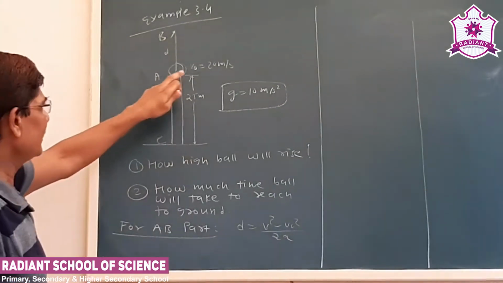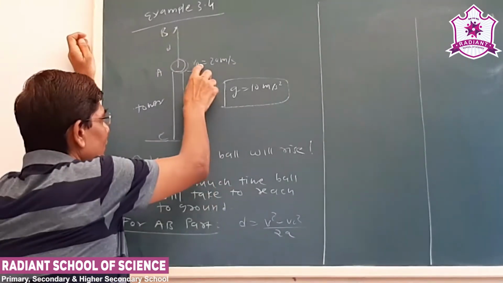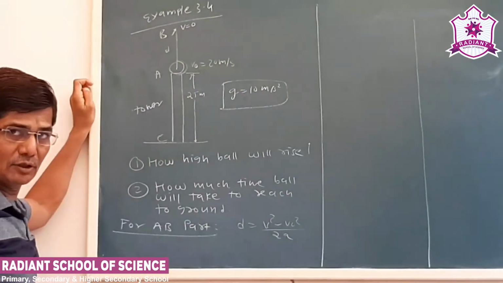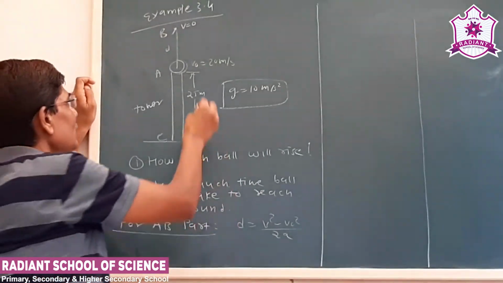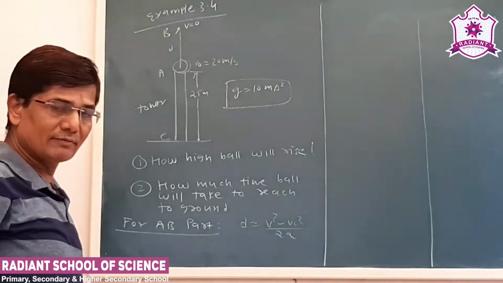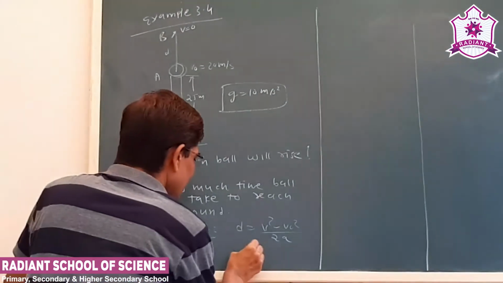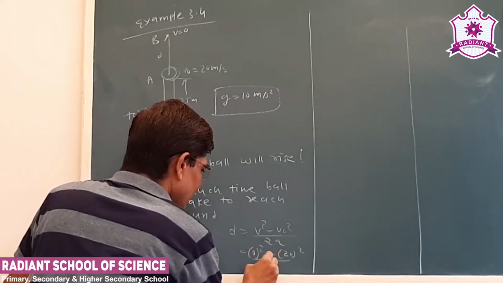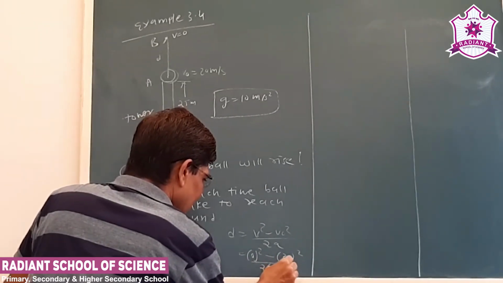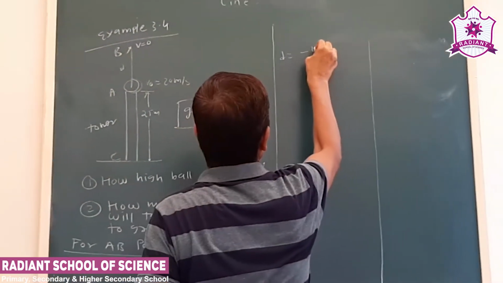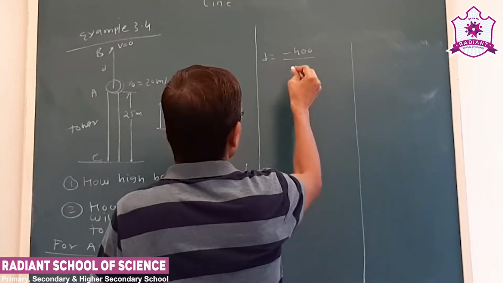The initial velocity is 20 meters per second, but we should know that at the highest point the velocity will become 0, because it is moving against the gravitation. So the final velocity will be 0, v0 is 20 and acceleration is minus 10. So that will give us d is minus 400 upon minus 20.